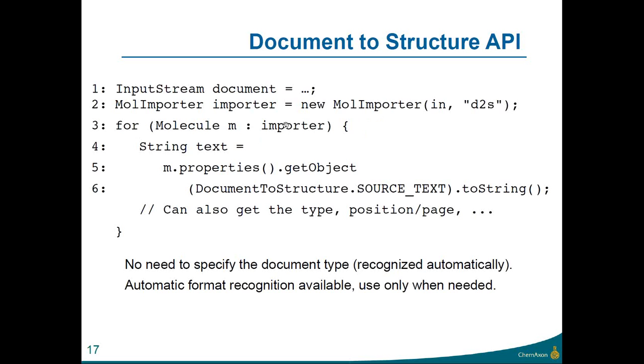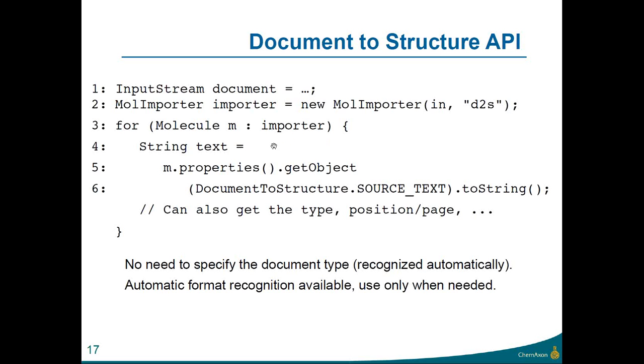And here you can recognize the same way to loop through your hits, through the structures that were found in the document. So for every molecule M returned by the importer, you have a structure. And so you can do whatever you want with the structure. You could put it in the database, you can manipulate it, you can filter them in any way you want.